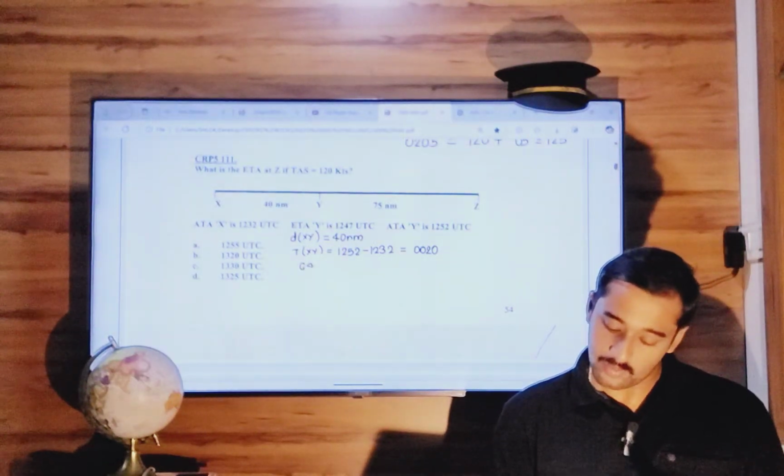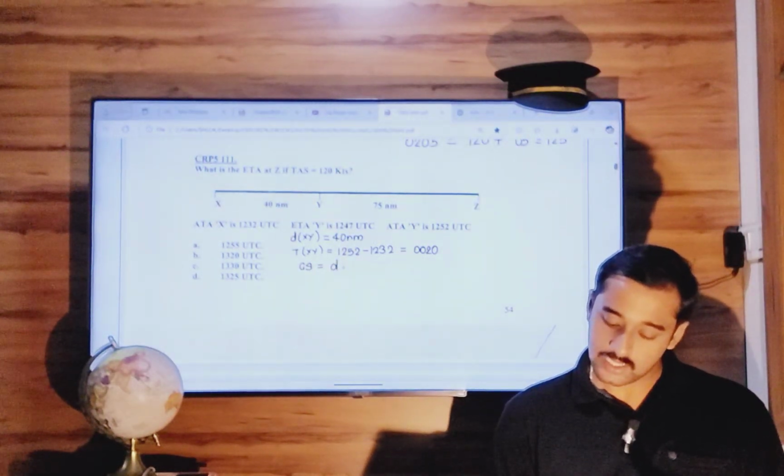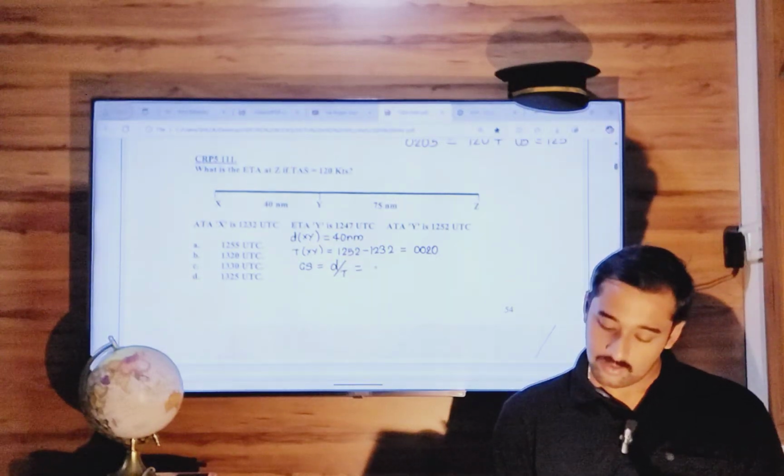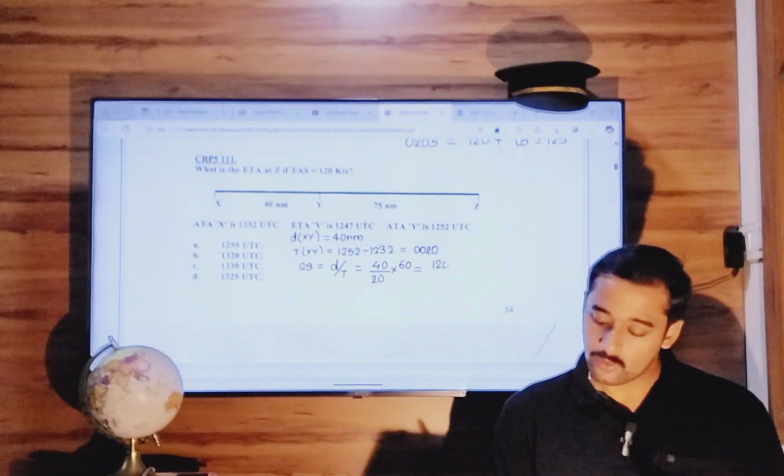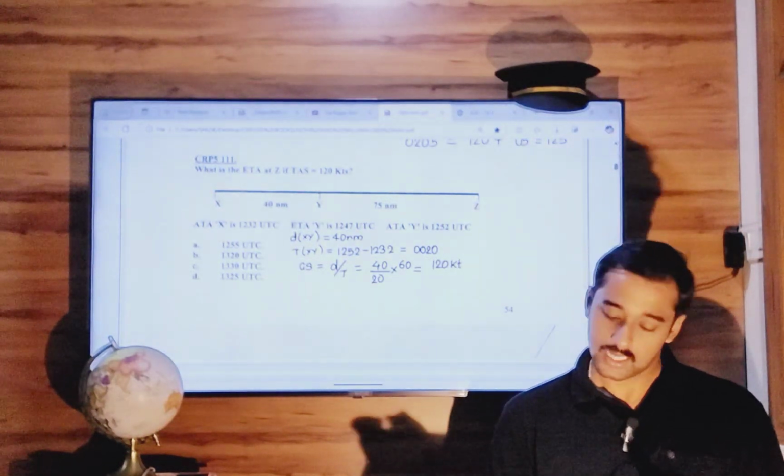So ground speed will be equal to distance divided by time. 40 divided by 20 minutes. So convert that into hours. That is equal to 120 knots.